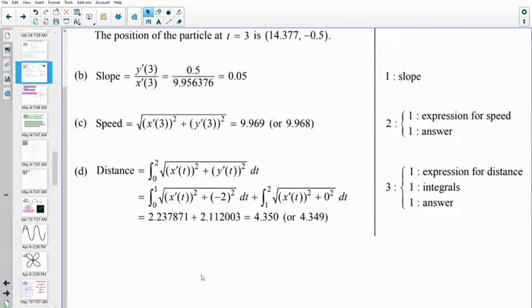Tricky part about this one is that even though our x prime is given over the whole interval between 0 and 4, our y component actually changes at t equals 1. So between time equals 0 and time equals 1, we see on the graph that the line segment is going down with a slope of 2, so a -2 slope there.